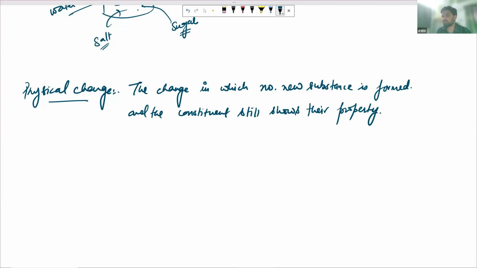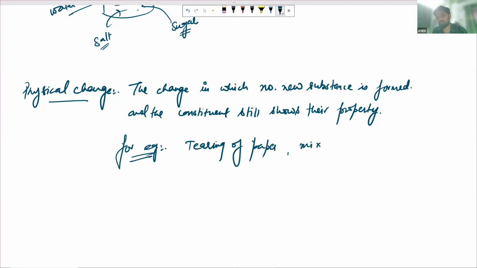The change in which no new substance is formed and the constituents still show their property, that is called physical change. For example, tearing of paper, mixing of salt in water.